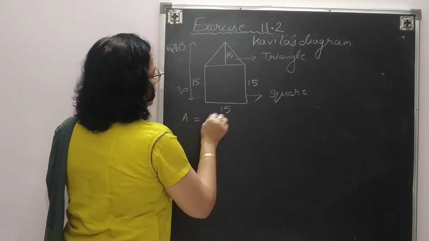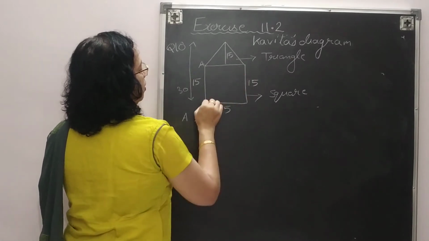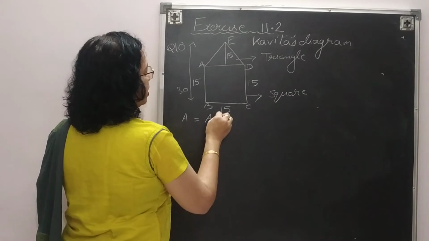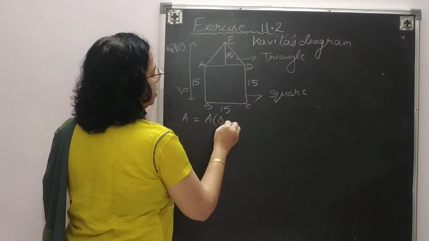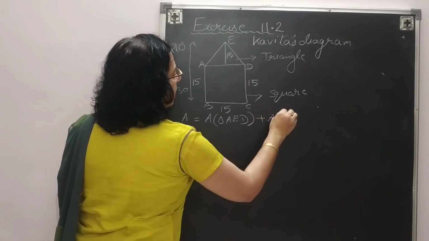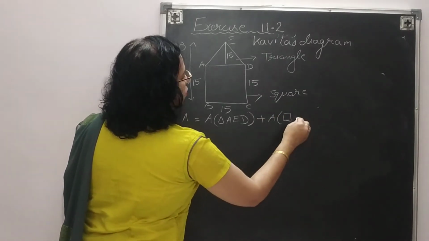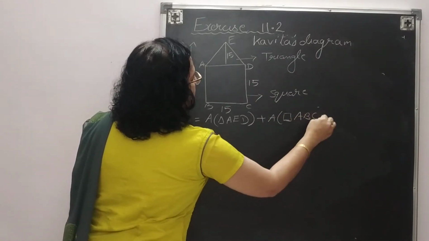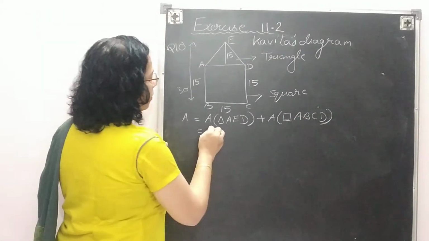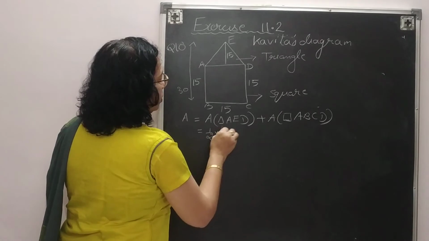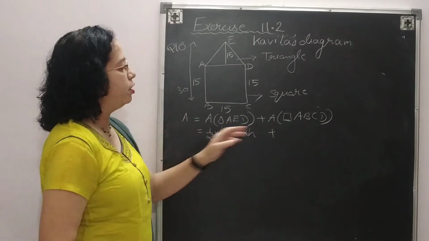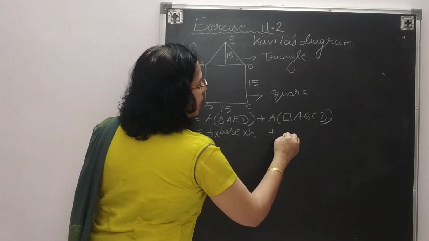So I am writing here, you can give name A, B, C, D and E. So you can write down area of triangle AED plus area of quadrilateral, that is square, ABCD. What is the formula for area of a triangle? Half into base into height. And what is the area of the square? Side square.